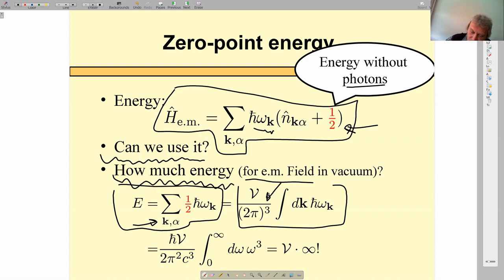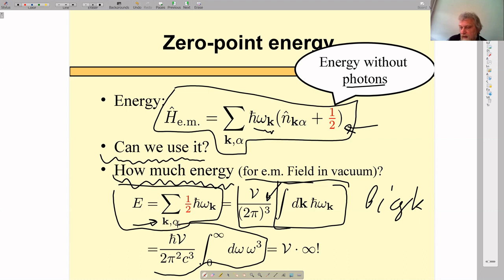But what stands here is also infinity, namely it diverges at large k, or one can say at large frequencies. Here I have just written it in terms of frequencies.